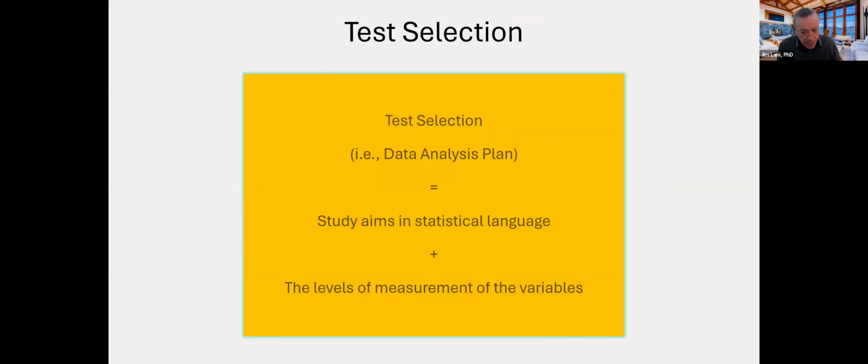Basically, the only question we're asking is, what statistical test should I use? And when you decide upon that, and I'll show you how, you should state three things: this is the test, these are the assumptions of the test, and this is the justification of the test.